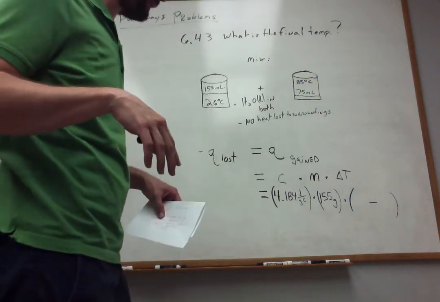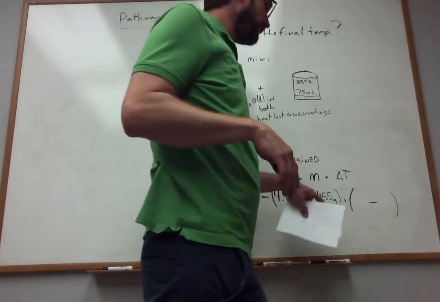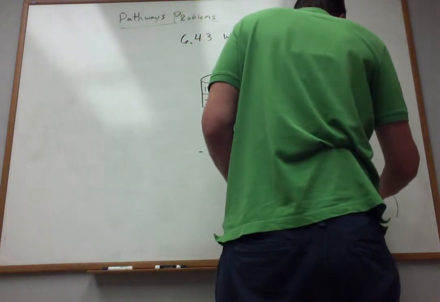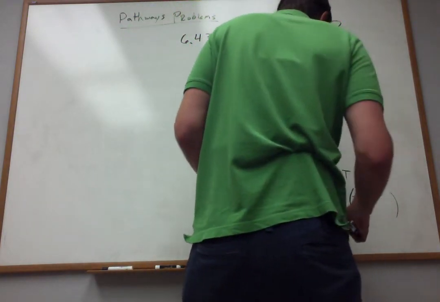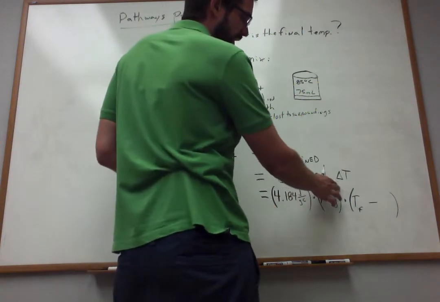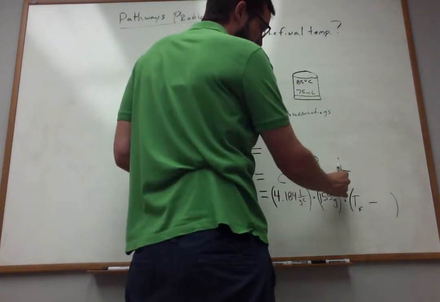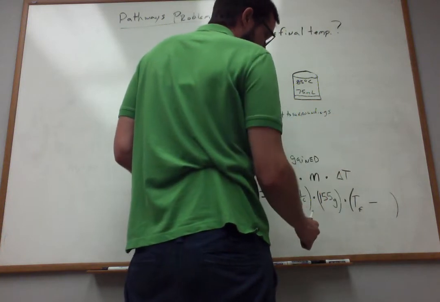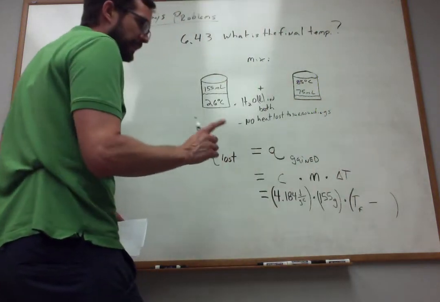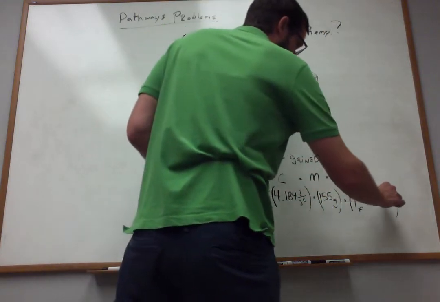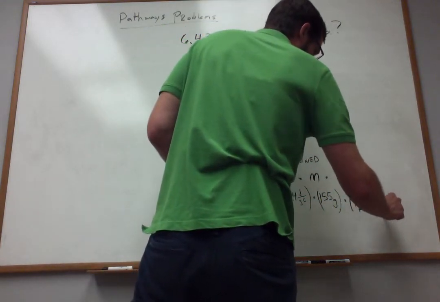So what do I do? Well, I remember that in chemistry, whenever you're going to compute change in something, it's always final minus initial. So I can basically expand this delta T term as T sub F, the final temperature, minus 26 degrees.